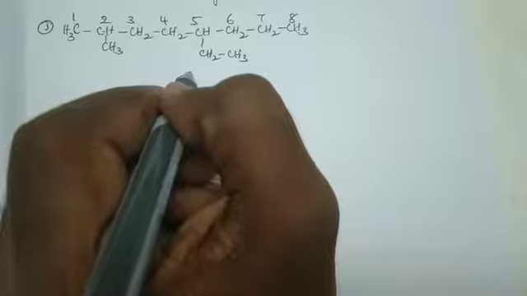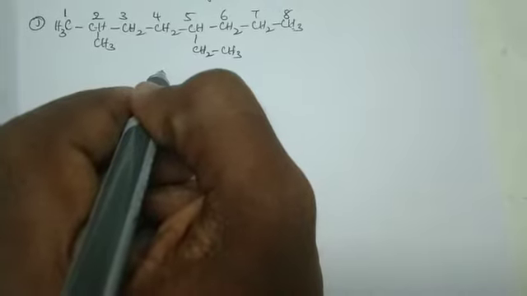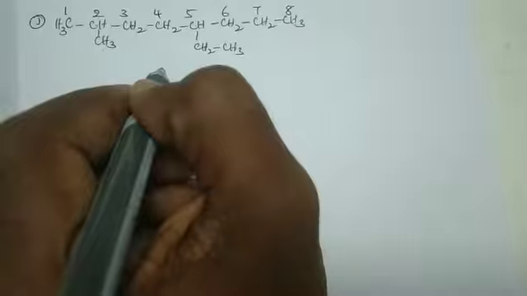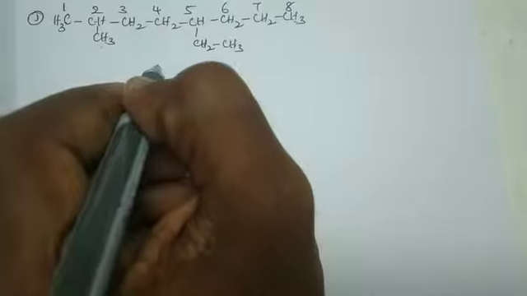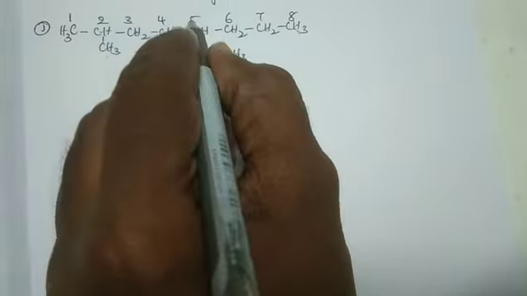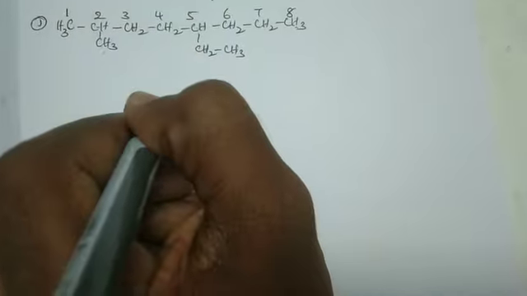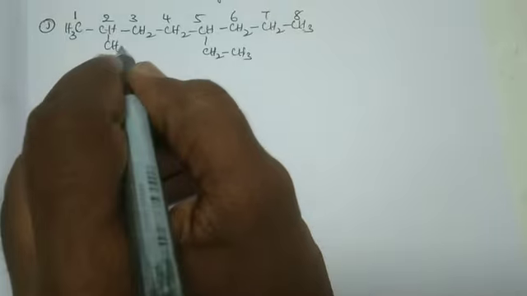So when we are writing the IUPAC name, you have to mention first the substitution which is coming first in alphabetical order. So on the 5th carbon ethyl is there, at the 2nd carbon methyl is there.